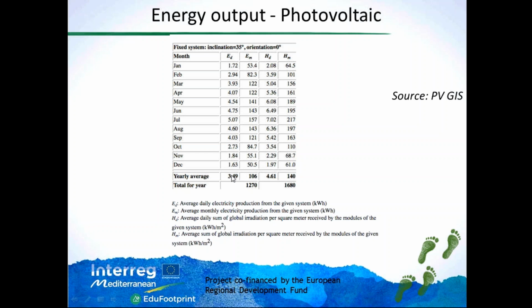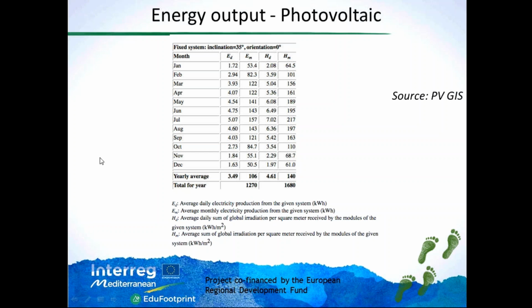Then you have yearly averages, but of course, for me, the most important parameter is in the last line. So in this case, we have almost 1,700 kilowatt hour per square meter, and you have a production of energy which is 1,270 kilowatt hours.